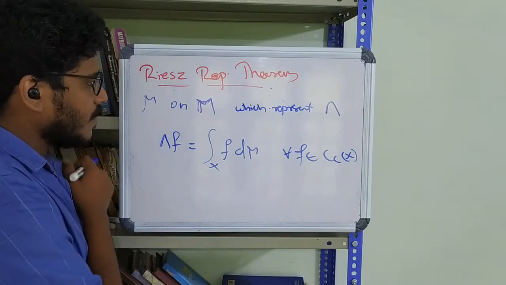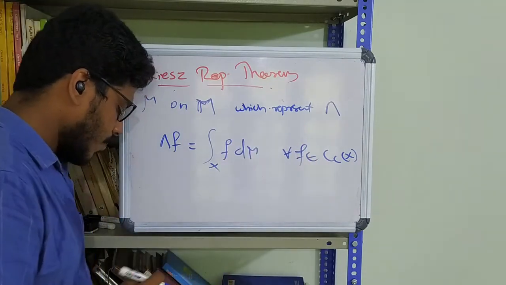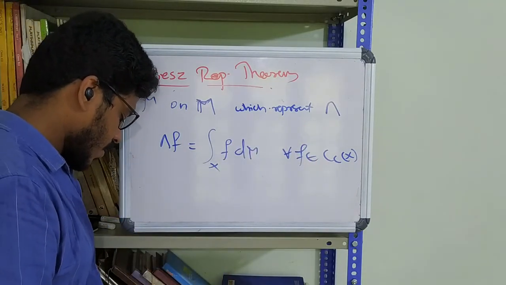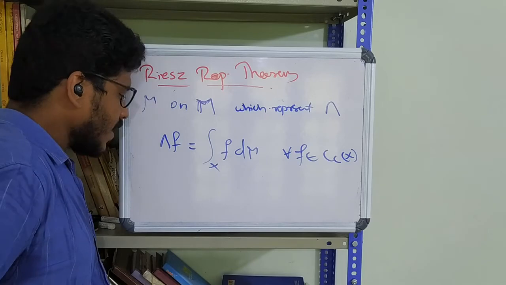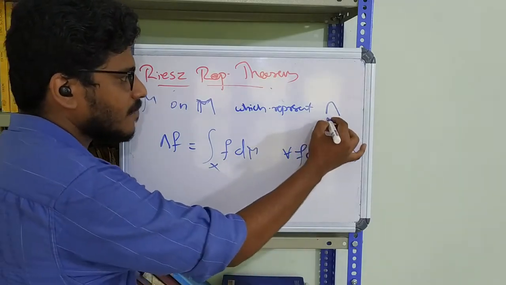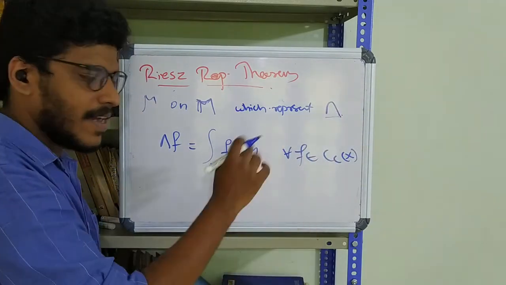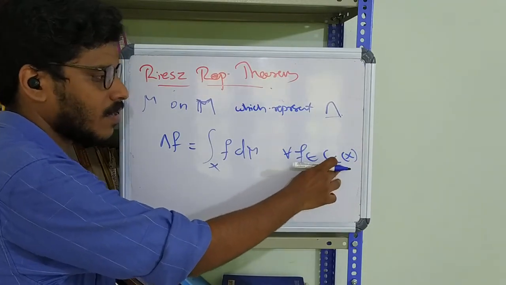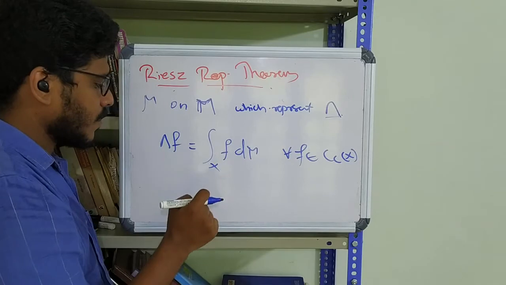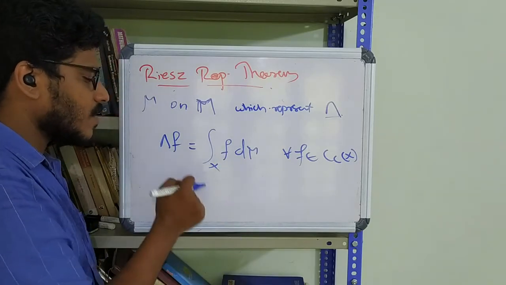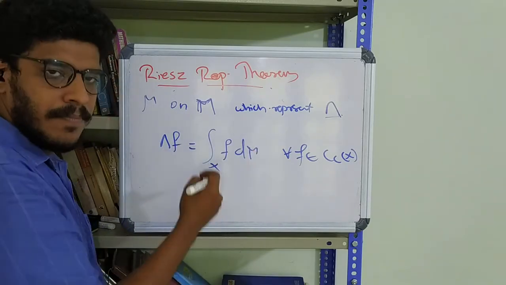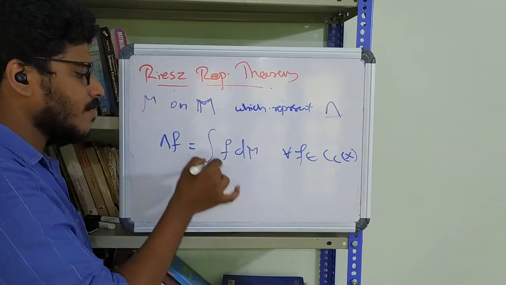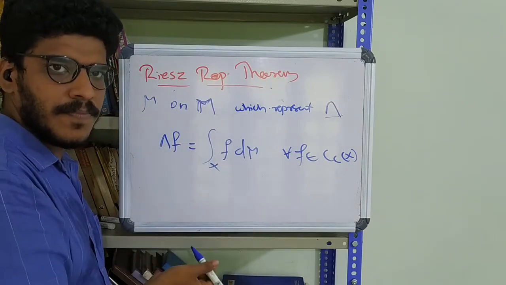tells us: that the positive linear functional Lambda defined on the set of all functions on X with compact support can be represented using a measure mu, in the sense that Lambda of f is equal to the integral over X of f d mu.